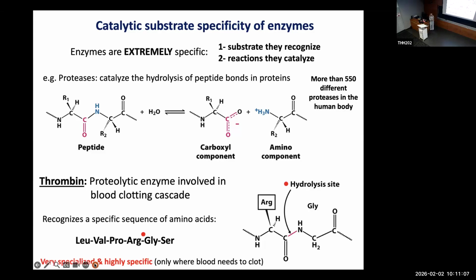And it is cutting between the arginine and the glycine, that peptide bond. So that's how specific it is. So it's recognizing essentially a particular protein, and it's narrowing down this particular region, it's cutting this, and that's really important to the blood clotting cascade. So that's how kind of specific those can be.